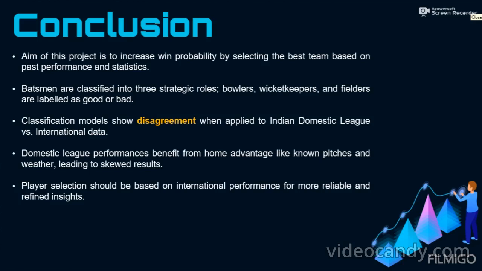This led us to conclude that international performance metrics are more reliable and should be prioritized in national team selection. Our approach is scalable and adaptable and can be applied to other formats like ODIs or test matches with minimal modification. Ultimately, the project provides a framework for combining statistical analysis with machine learning to make cricket strategy more intelligent, consistent, and fair.